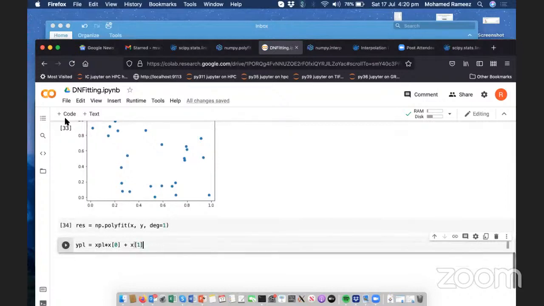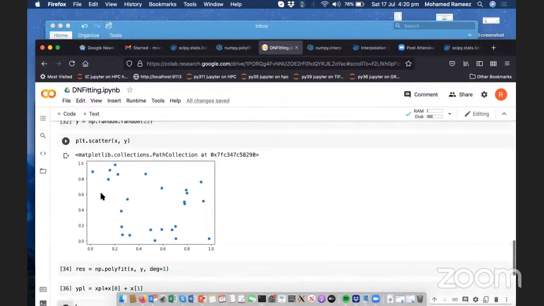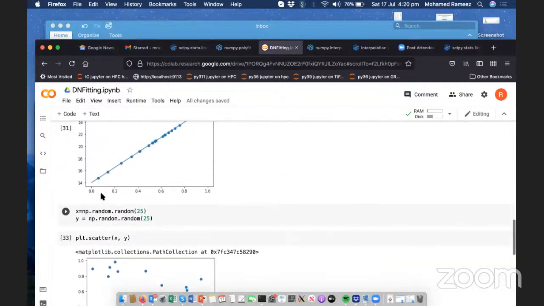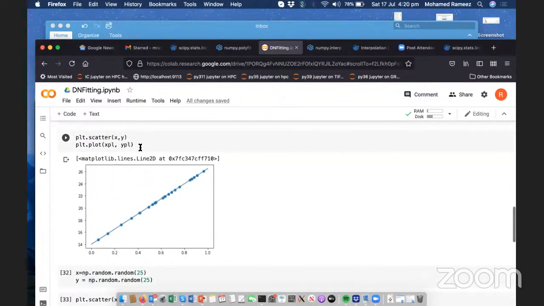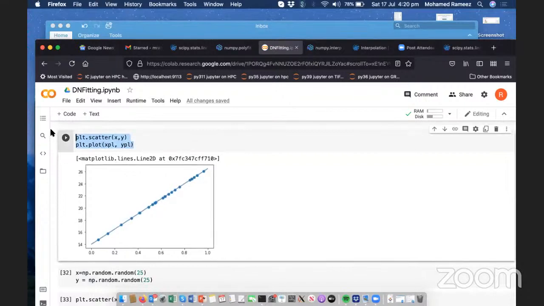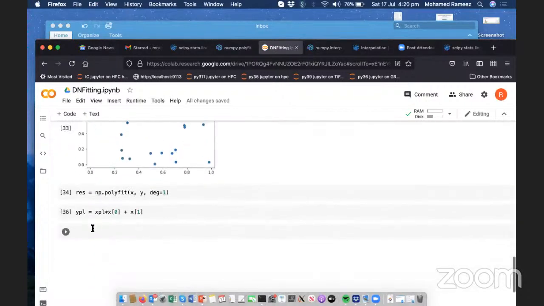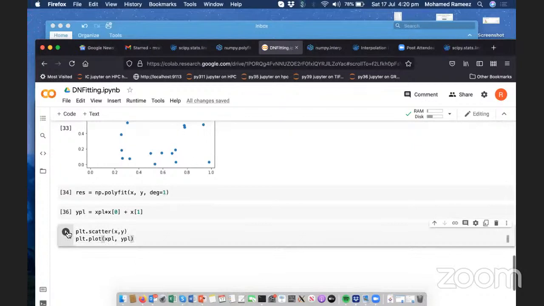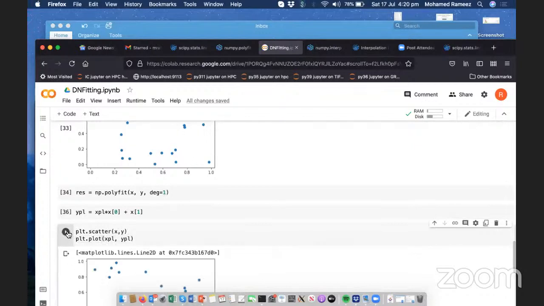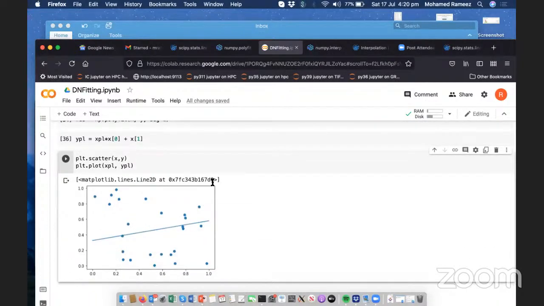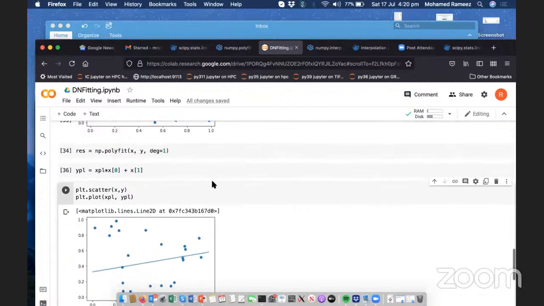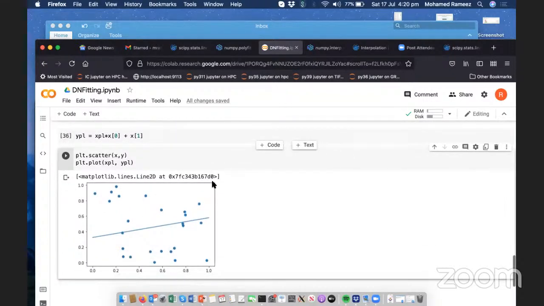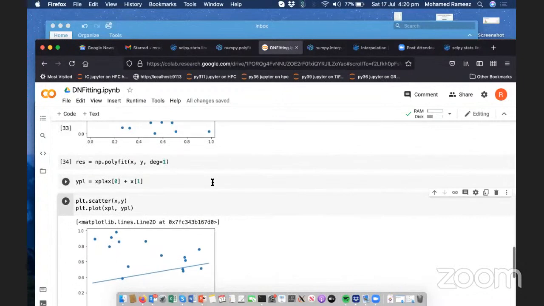Now let us try plotting this. You notice that this is again not a good fit, but maybe we shouldn't fit a line to this. We should fit a second degree polynomial.